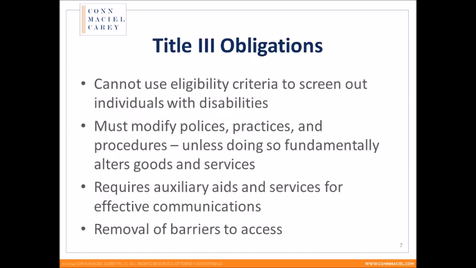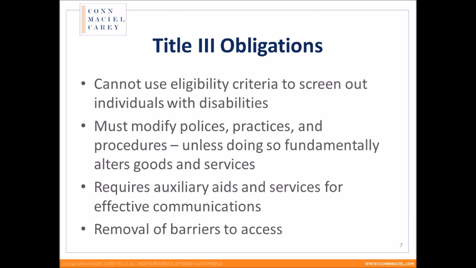So Title III's obligations focus on a couple of things. First, you can't use certain eligibility criteria to screen out individuals with disabilities. They need to have the same access to your property and retail amenities and outlets that individuals who do not have disabilities have.